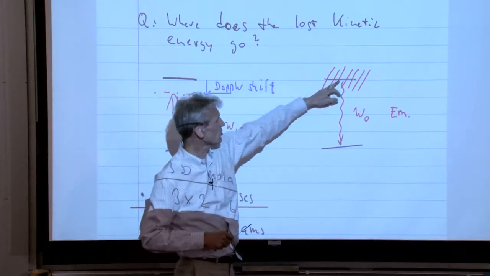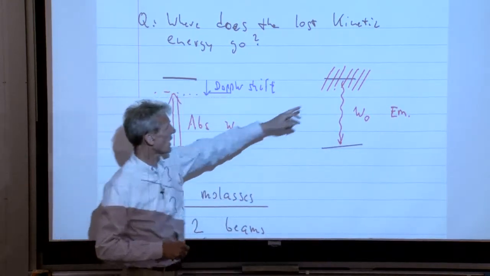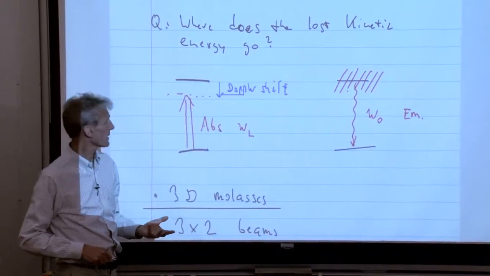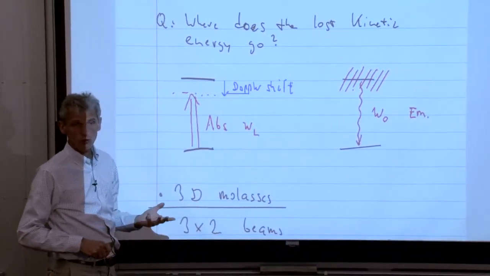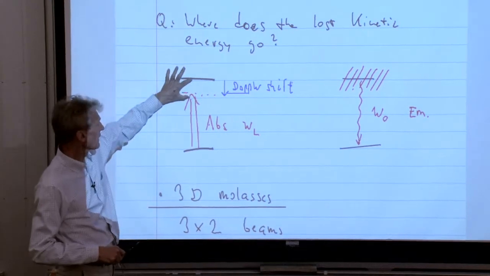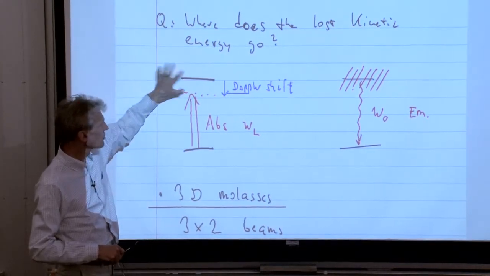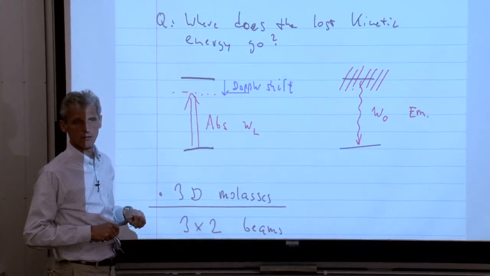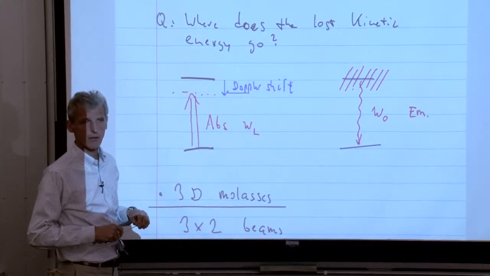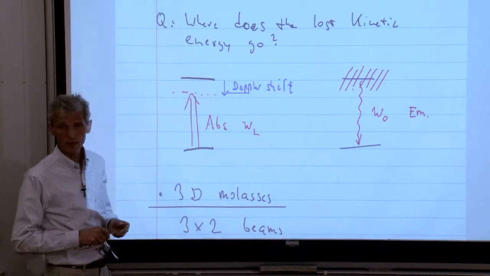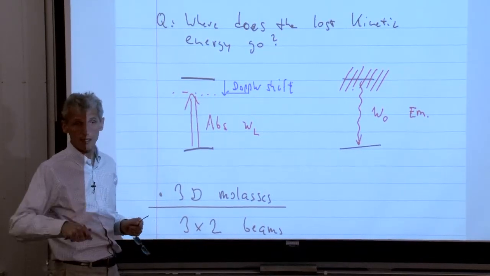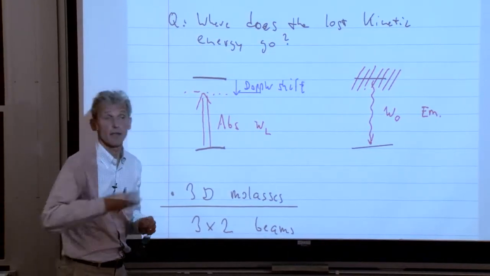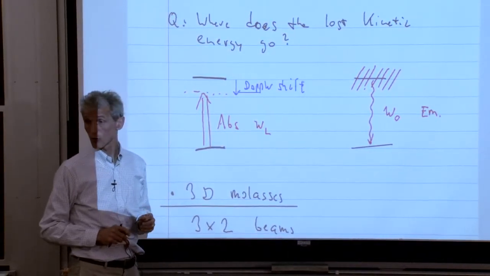So on average, you emit photons which are on resonance, and therefore every time you scatter a photon, you radiate away the energy which is equal to the Doppler shift. That means initially, when the Doppler shift is huge, each photon transports away a lot of energy, and the slower the atoms are, the less a photon transports away.